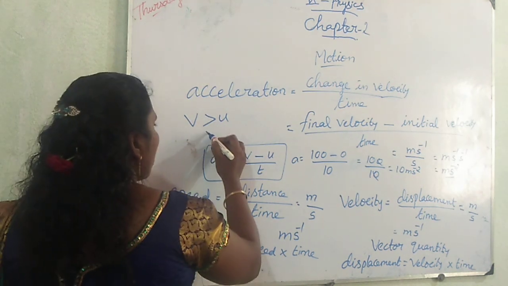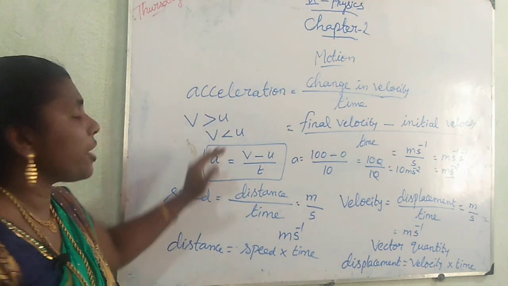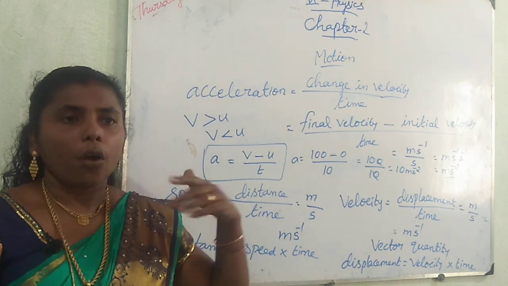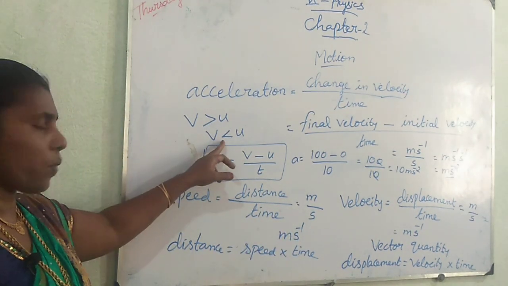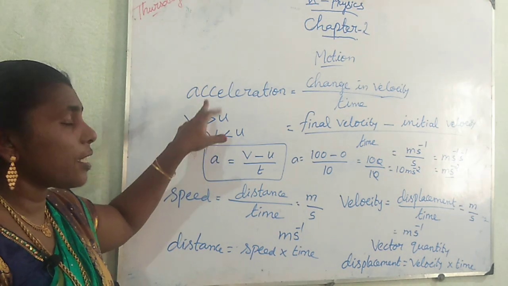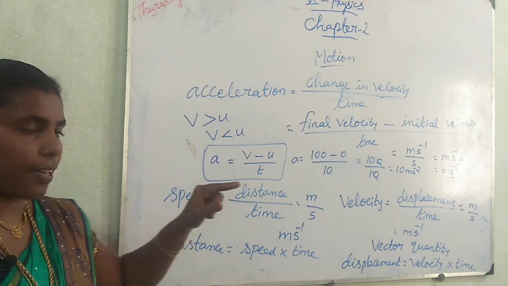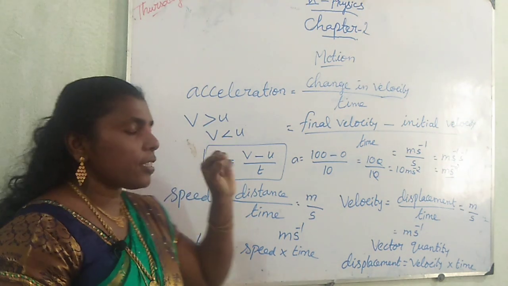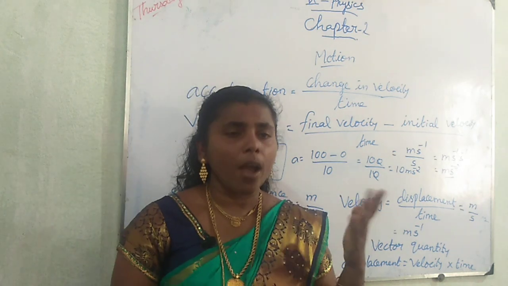Suppose the final velocity is less than the initial velocity, you will get negative acceleration, or retardation or deceleration, you can say. Okay, so if the final velocity is greater than the initial velocity, you get positive acceleration, and if the final velocity is less than the initial velocity, we will get negative acceleration.